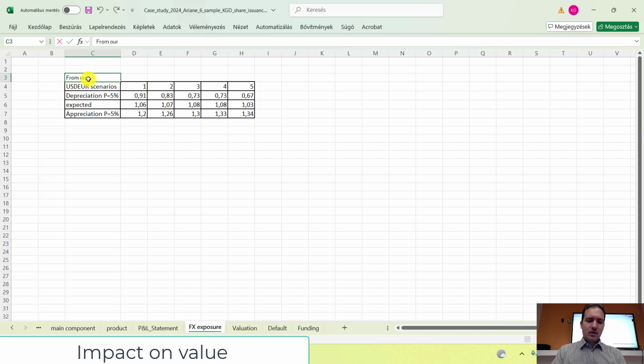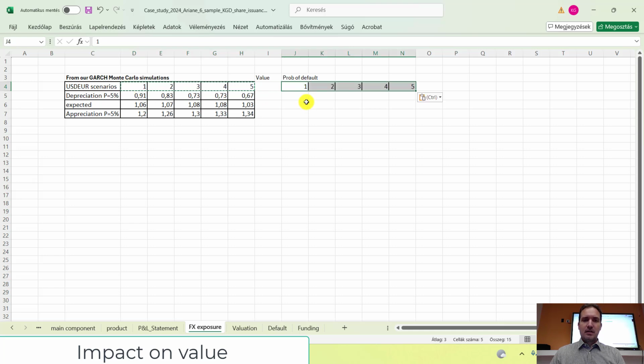From the GARCH Monte Carlo simulations, we have this data set. After that, we just have to assess its impact on value and probability of default. Again, these will be years.